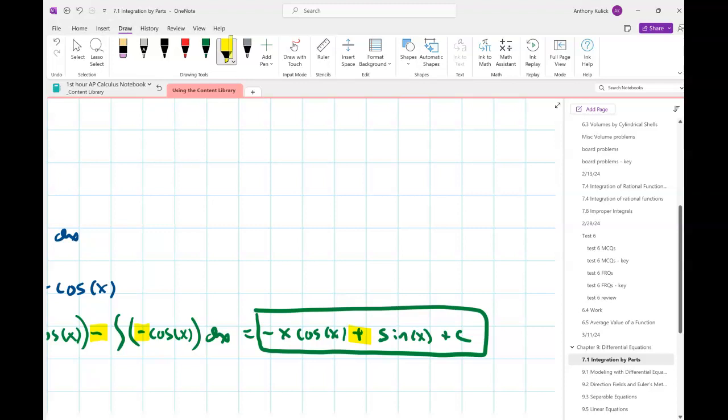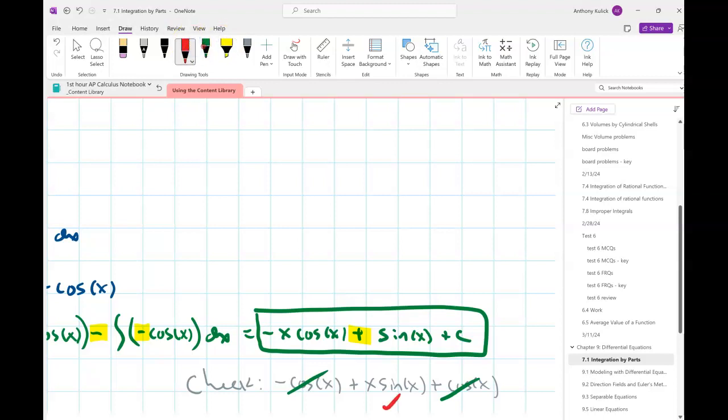Can you check this? Yeah, all we have to do is take the derivative of what we just wrote and make sure it gives us what we started with. Let's do that real quick. So we would have a product rule to do the derivative of negative x cosine x. And what do you notice happens?